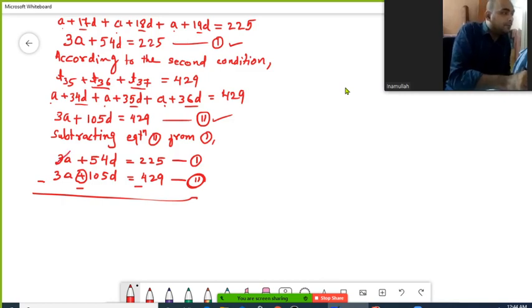Positive 3A and negative 3A will become 0.